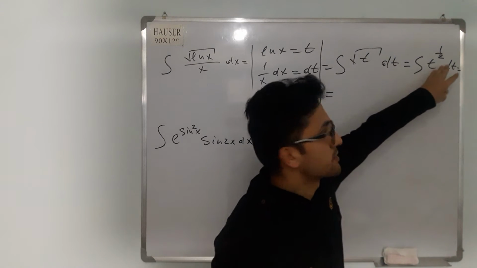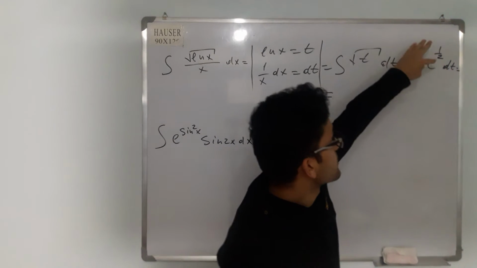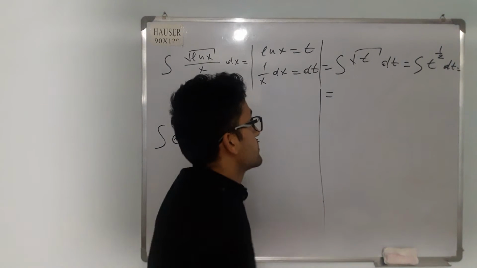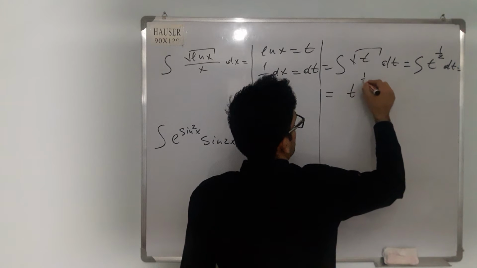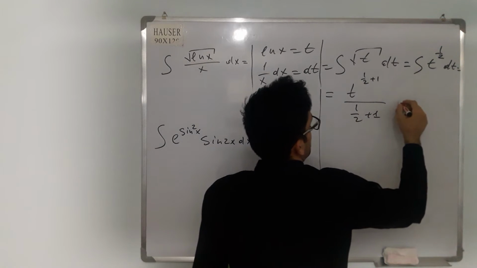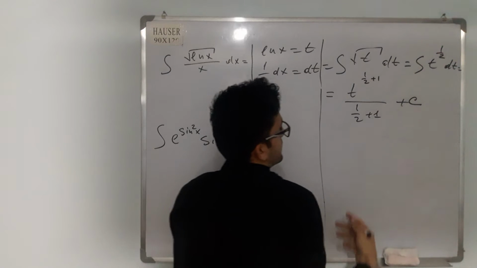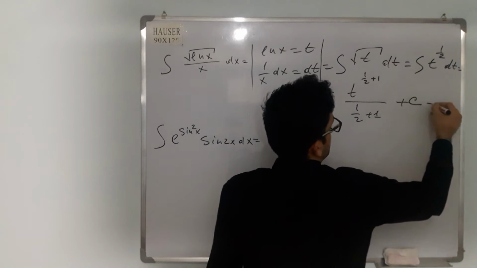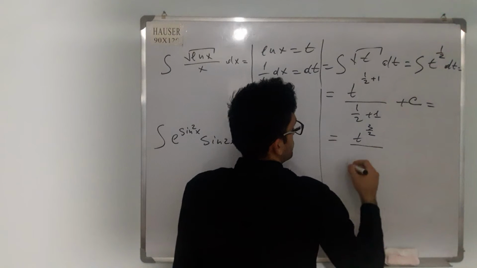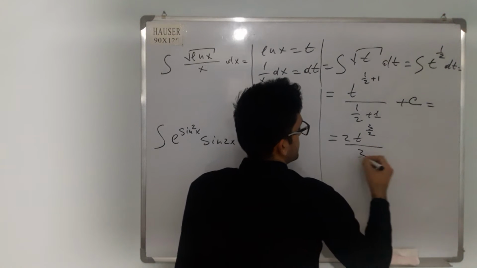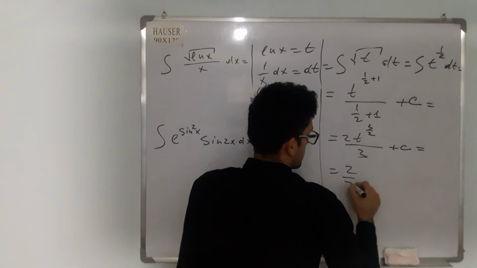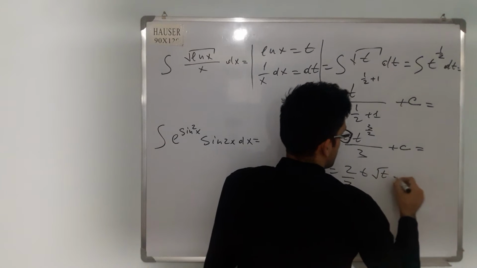Here we add one to the exponent, then divide by that new exponent: 1 divided by 2 plus 1, plus c. We simplify a little bit: t to the power 3 divided by 2, plus c. It will be 2 divided by 3, times the square root of t, cubed, plus c.